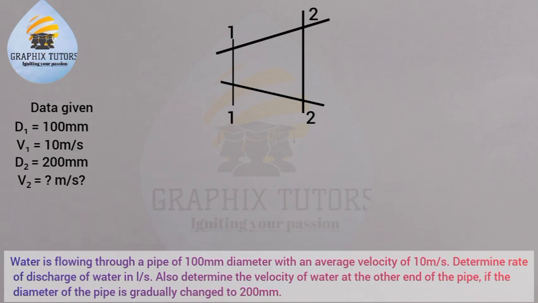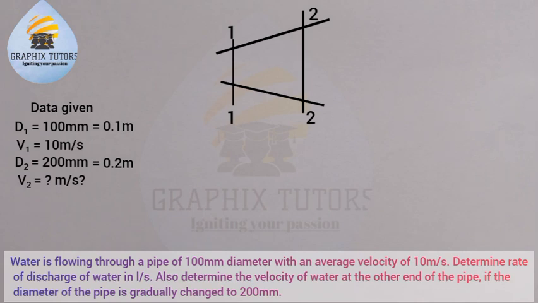So the diameter there is 200. When you convert it to meter, it will be 200 divided by 1000, and we have 0.2 meter. Similarly, the diameter D1 of section 1, the inlet, is given to be 0.1 meter. So we have these two sections, the inlet and the outlet.